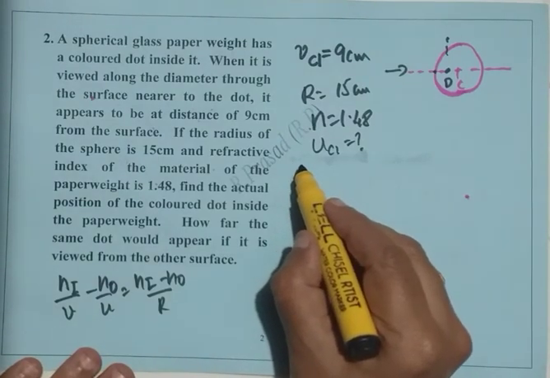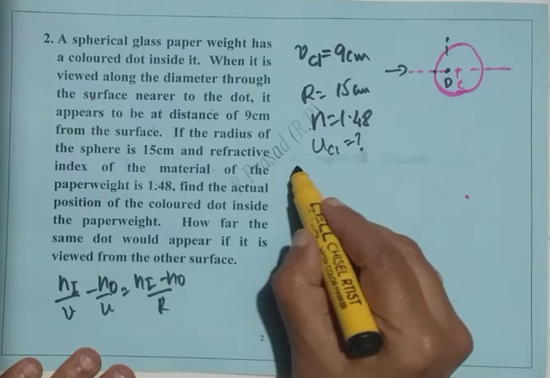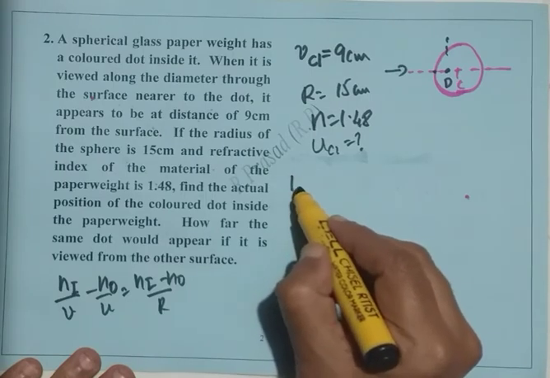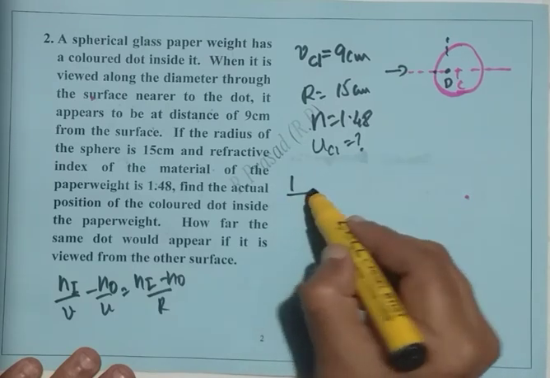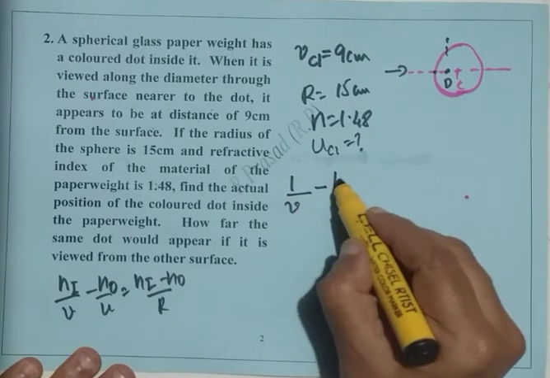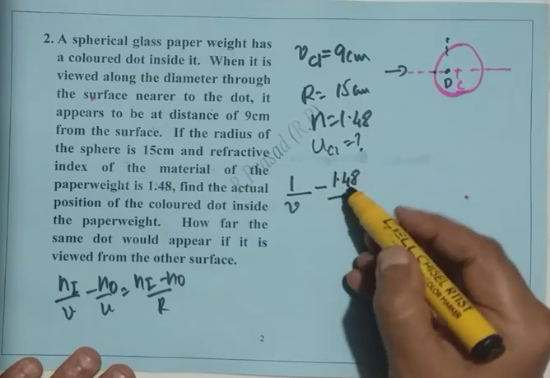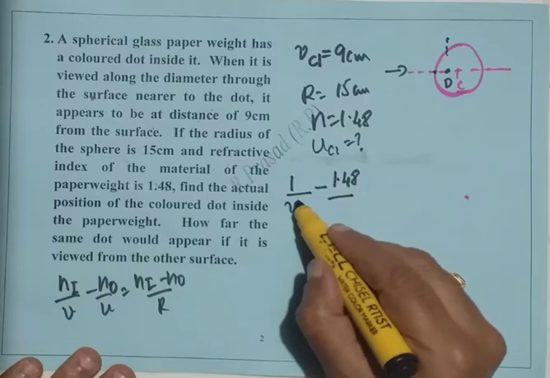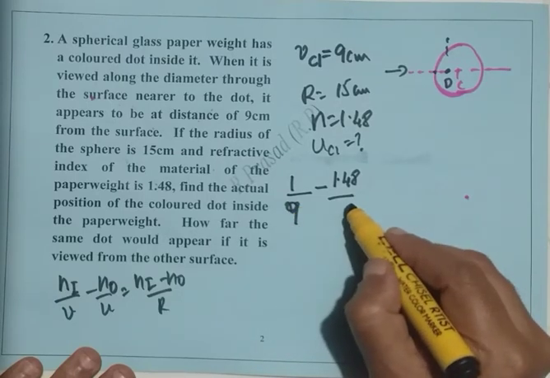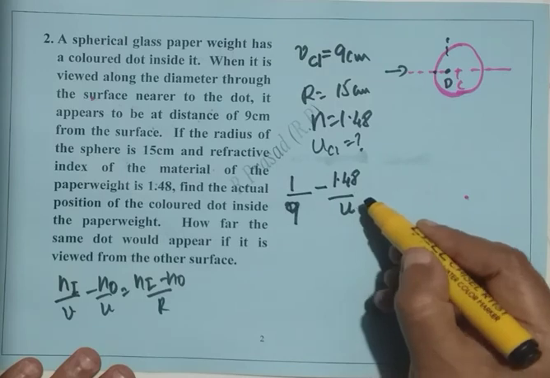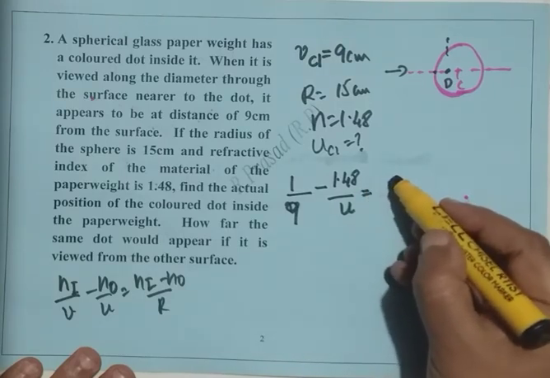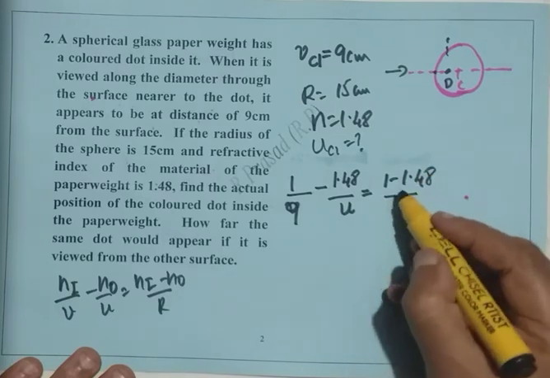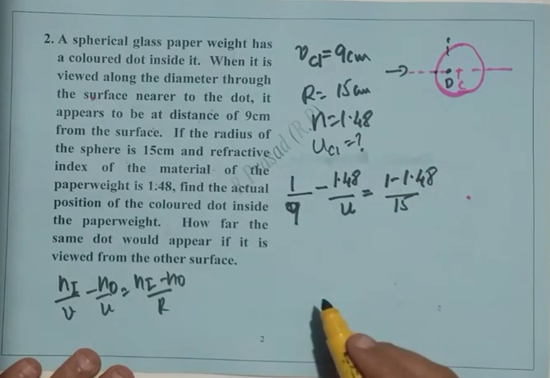Image is formed in the air, so Ni is taken as 1. 1 by V, which is 9 cm, minus 1.48 by U equals 1 minus 1.48 by R, 15 cm.